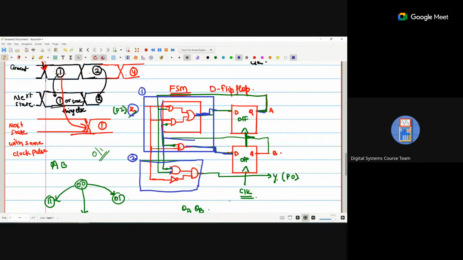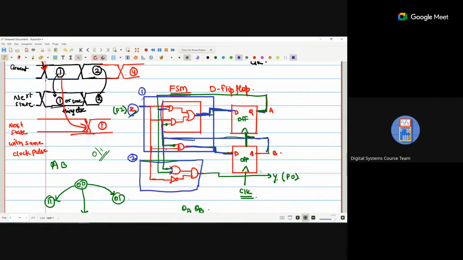If I am talking about this AND gate, one input goes to this B, and the second goes to the input X. For the upper D input, we require X as the input and A, because A is connected here.